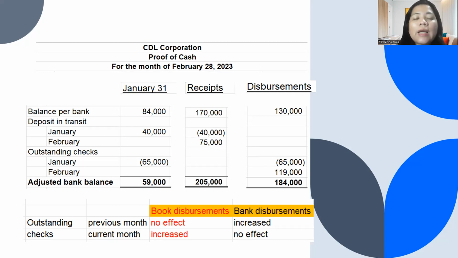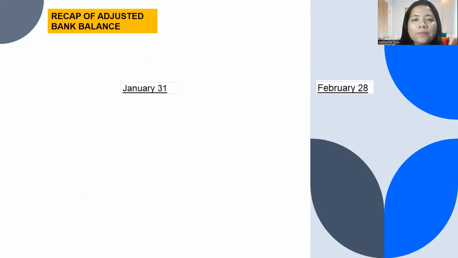So the result is that it overstates the bank disbursements in relation to the correct disbursements, and therefore we have to deduct. For the current month, the book disbursements have increased, but no effect on our bank disbursements because it will be paid by the bank next month. Our bank disbursements are understated, so therefore we have to add.